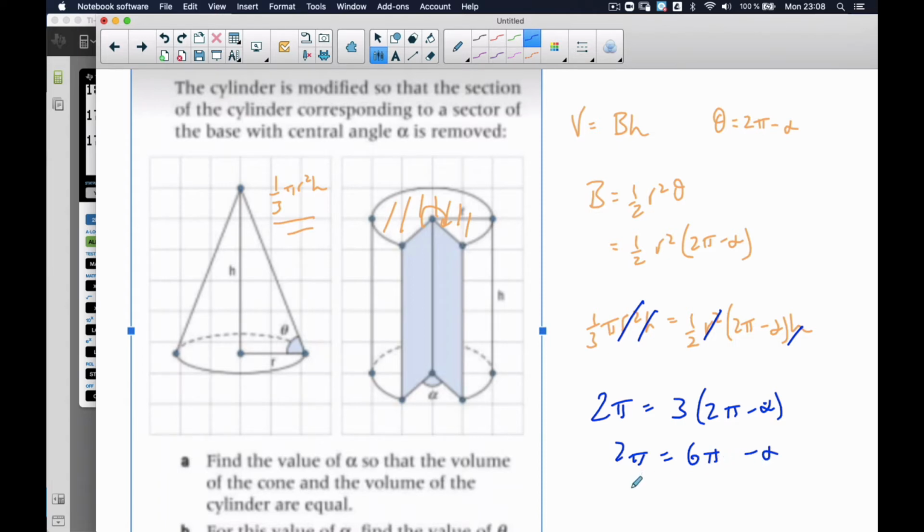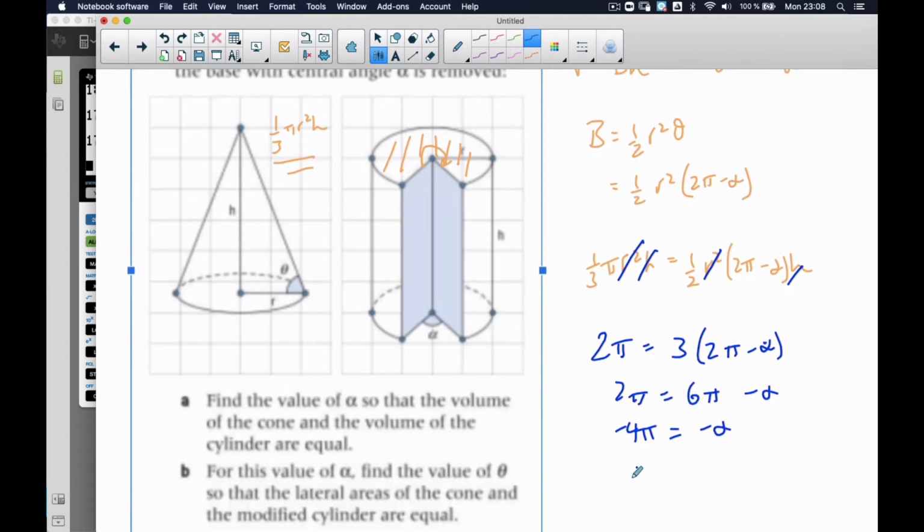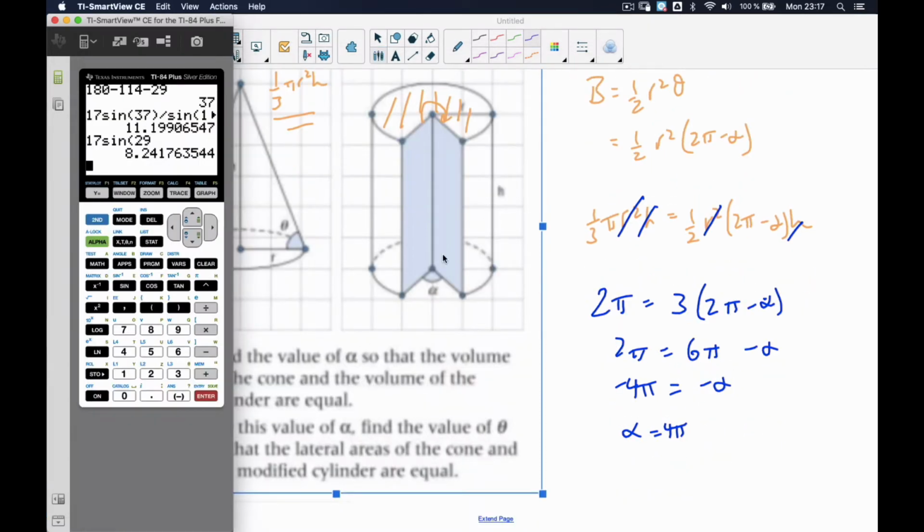Subtract this over, and I get minus 4 pi equals minus alpha. Alpha equals 4 pi, that doesn't make any sense. Alpha equals 4 pi. The volume, wait, something's not right here.